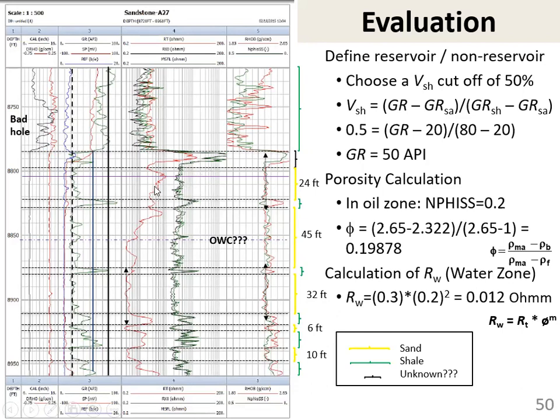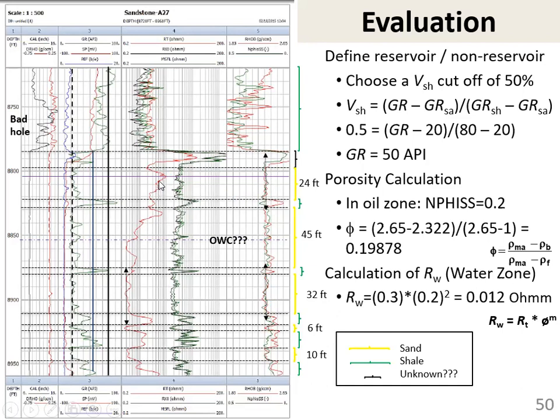So the next thing would be to look at the absolute value of resistivity. Now, you would agree with me that we don't have the typical large separation, which is typical of gas here.